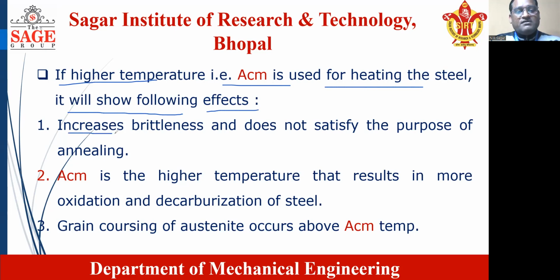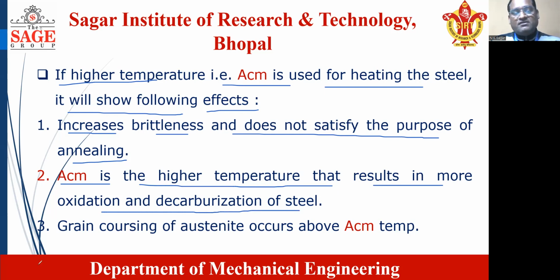Number one, it increases brittleness and does not satisfy the purpose of annealing, so we will not prefer the ACM temperature for heating the steel. Number two, the higher ACM temperature results in more oxidation and decarburization of the steel. So this is the disadvantage.